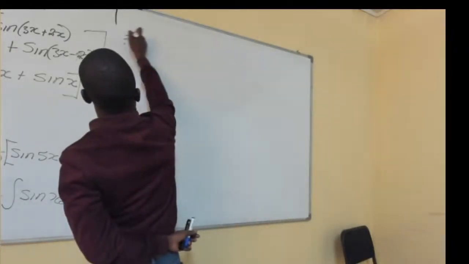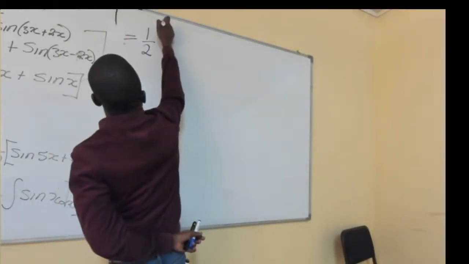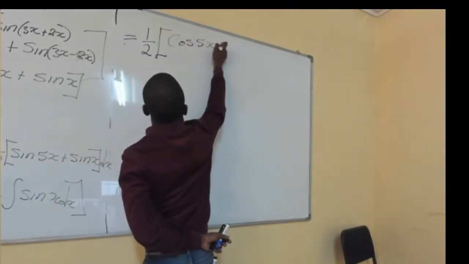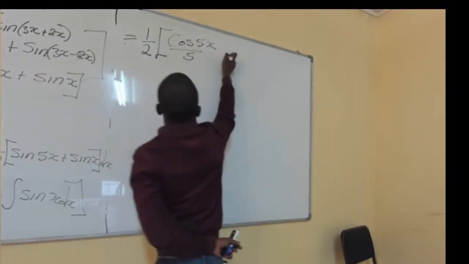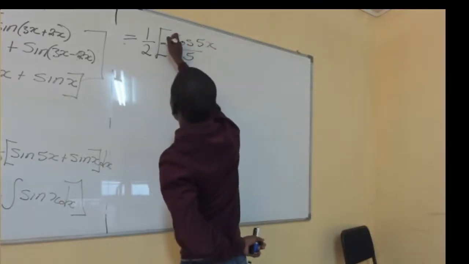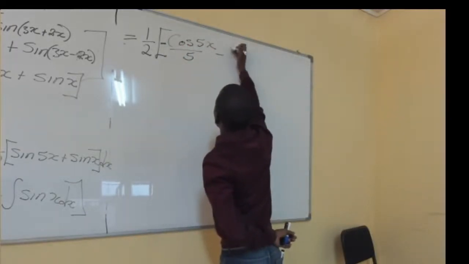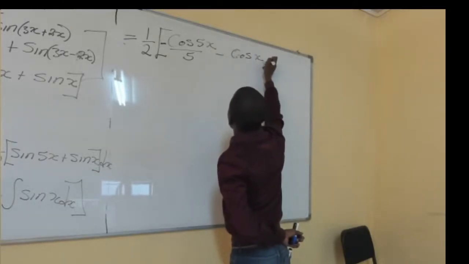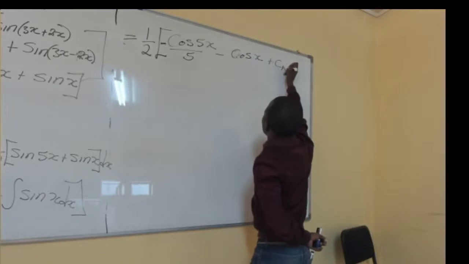Okay, this is equal to 1 over 2, cos 5x over 5, or it's a negative, minus the cosine of x, plus c1.